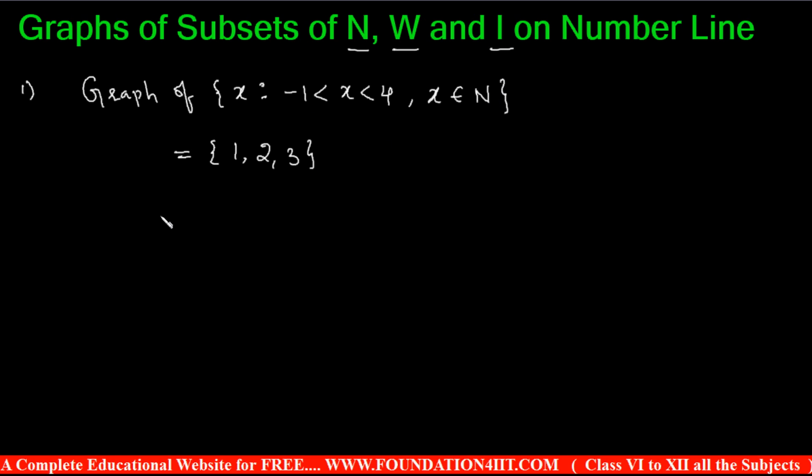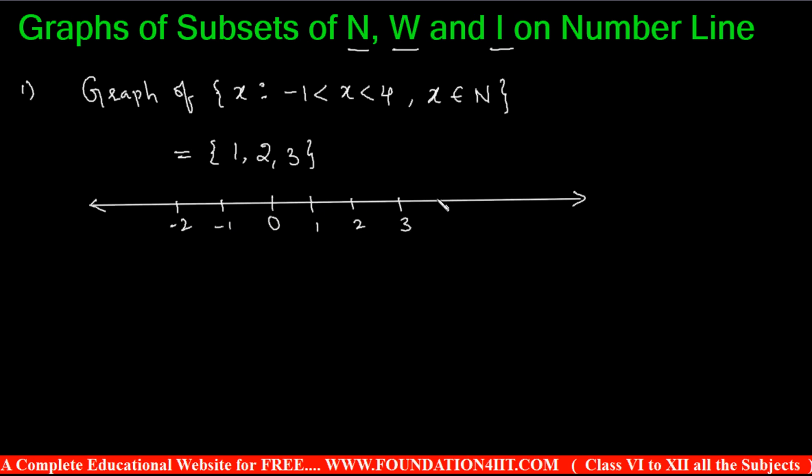So let us take 1, 2, 3 on the number line. This is simple. Take one number line, with 0, then -1, -2 on this side, and positive 1, 2, 3, 4, and so on on the right side. Because they are natural numbers, we just put the darkened dots on 1, 2 and 3.